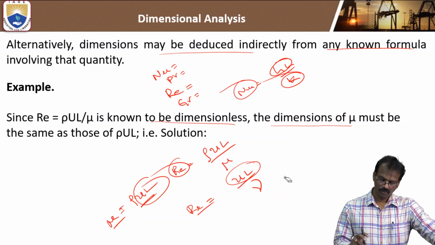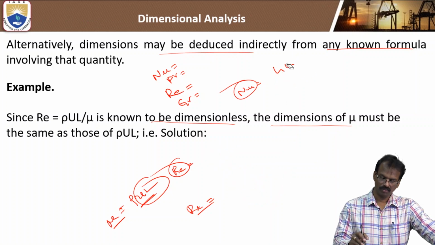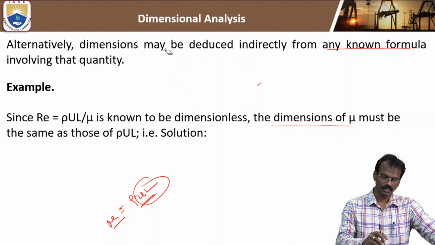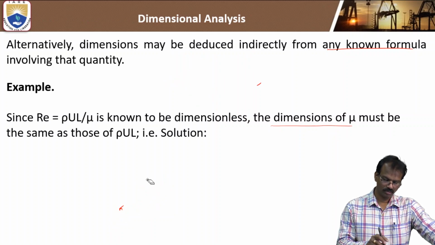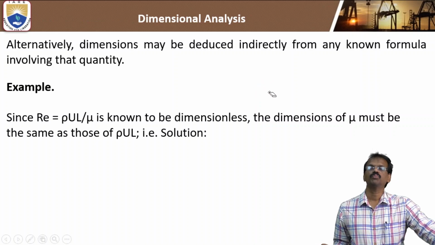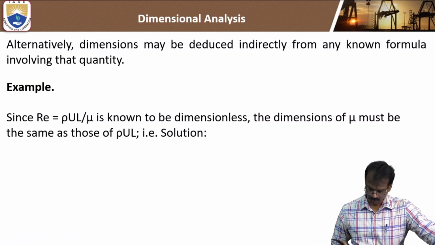So we can reduce these parameters into dimensionless numbers. How to carry this out, we will see. There are a few methods to reduce the different variables of fluids into dimensionless numbers.